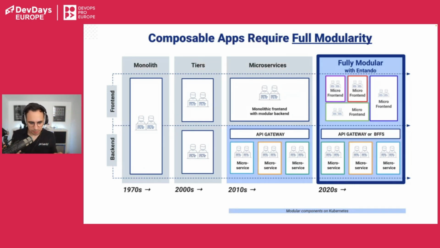By the way, all these things can work on Kubernetes right now, but modularity doesn't mean that it is a composable app. This is just a requirement. So you need to be modular, of course, to compose different elements. Once again, if I have, let's say, a big component like this, and I want to compose an application using another one, that could be a bit difficult because this one is really big.